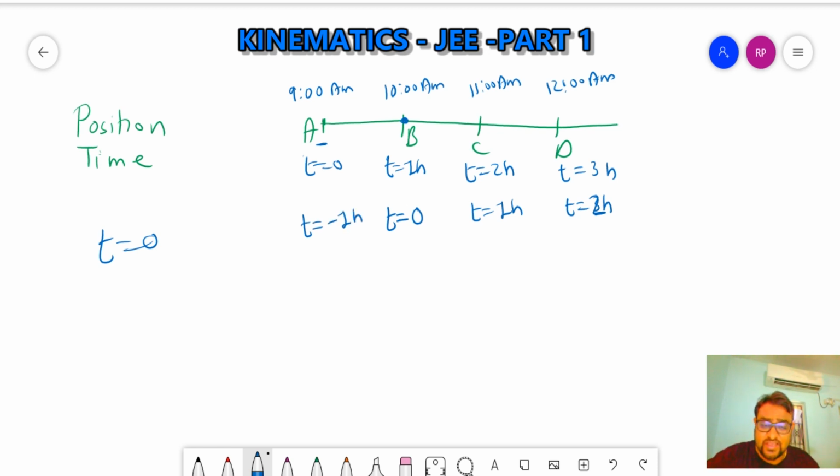Generally we say that time cannot be negative; if you start from 0, then time will always be positive. But suppose it's 9:40 at present. If we want to talk about 8:40 a.m., then we are talking about 1 hour before. So this was about the time axis.